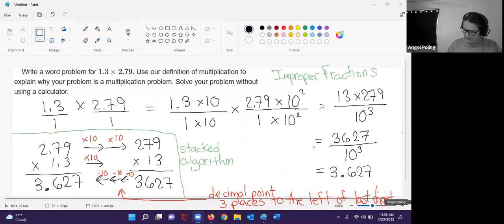So it shows there in that algorithm, and it shows here in this algorithm. Both methods show that the standard algorithm of ignoring the decimal points, multiplying as if they were whole numbers, and then counting the number of places to put your decimal point back into place works.